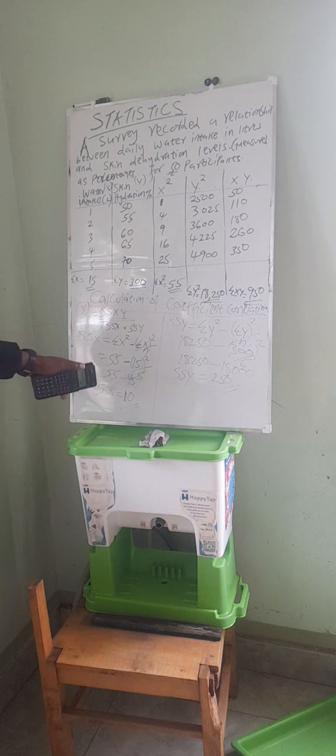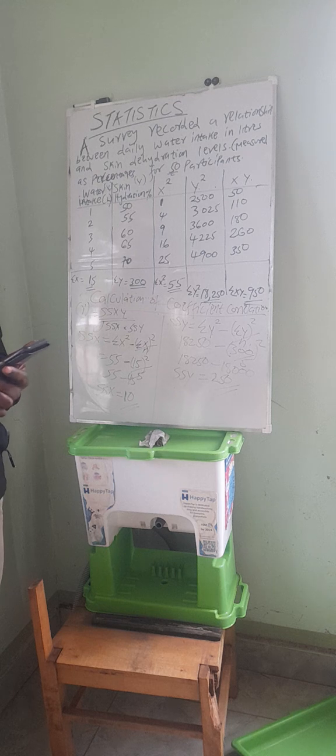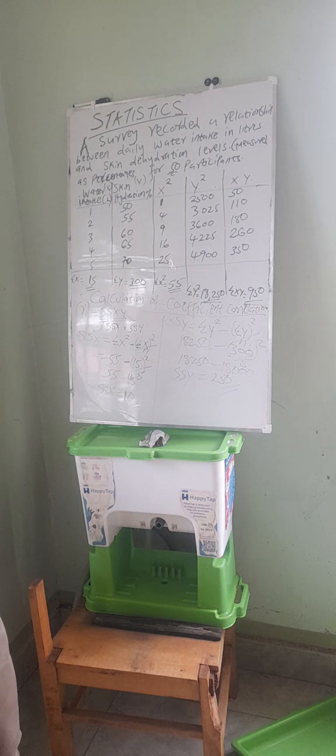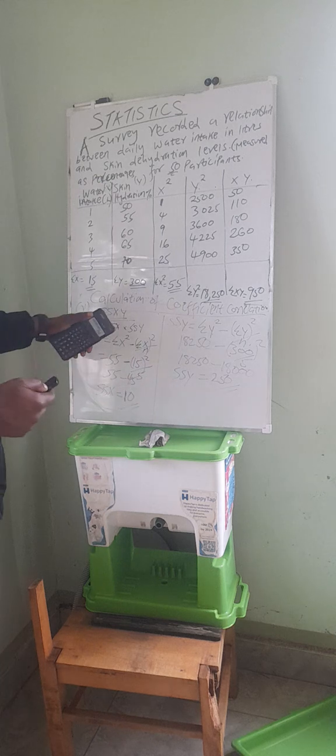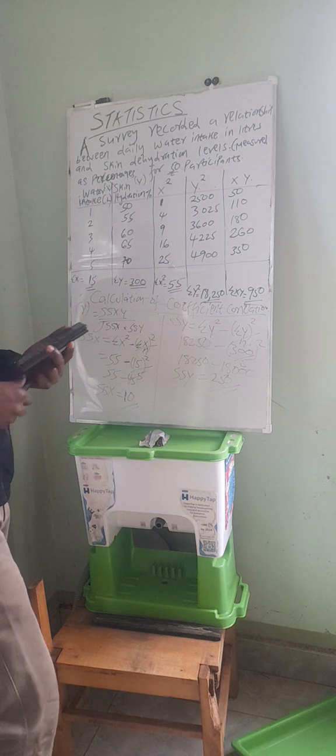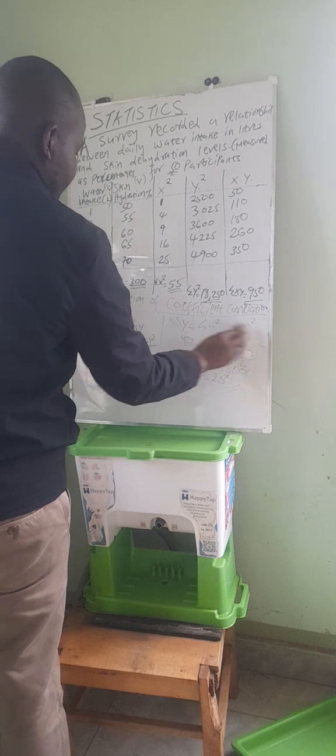So we are saying SSX is equal to 10, SSY to be 250. Let's now find SSXY. We'll find what? SSXY.